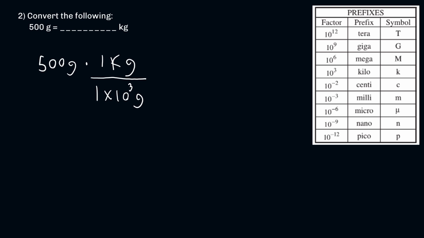So my grams cancel, and I essentially end up with 500 over 1 times 10 to the third, which is just 1,000. So I should now have my new value in kilograms: 500 divided by 1,000 gives me 0.5 kg.